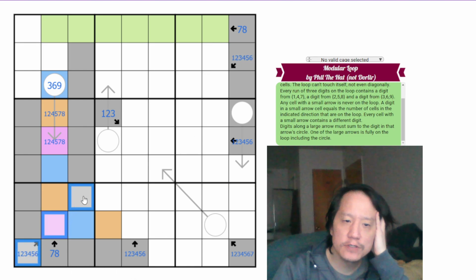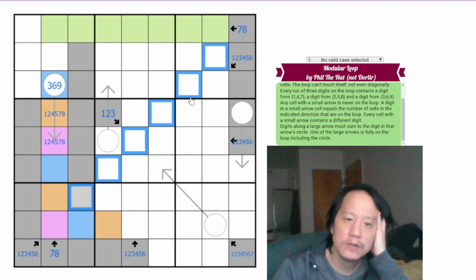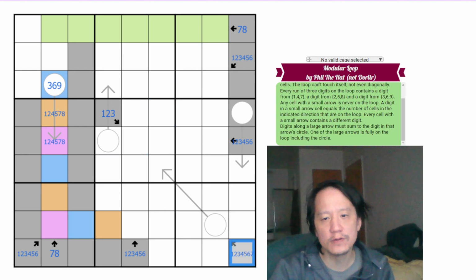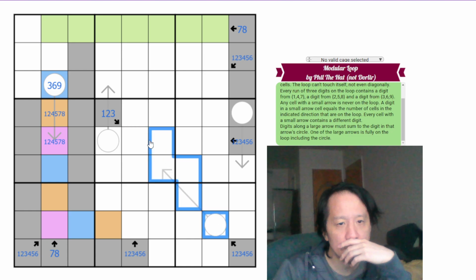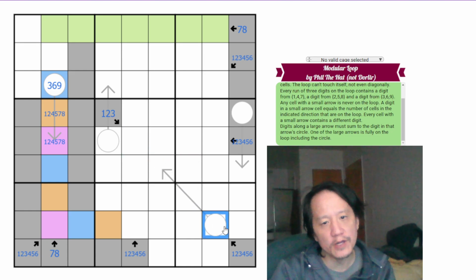So this loses 1. Can it ever be completely filled? We don't know. So this can't be 7 either, right? This can't be completely filled. We know this isn't 1, and this one cannot be completely filled because specifically these two can't be. These two, I think, is okay.